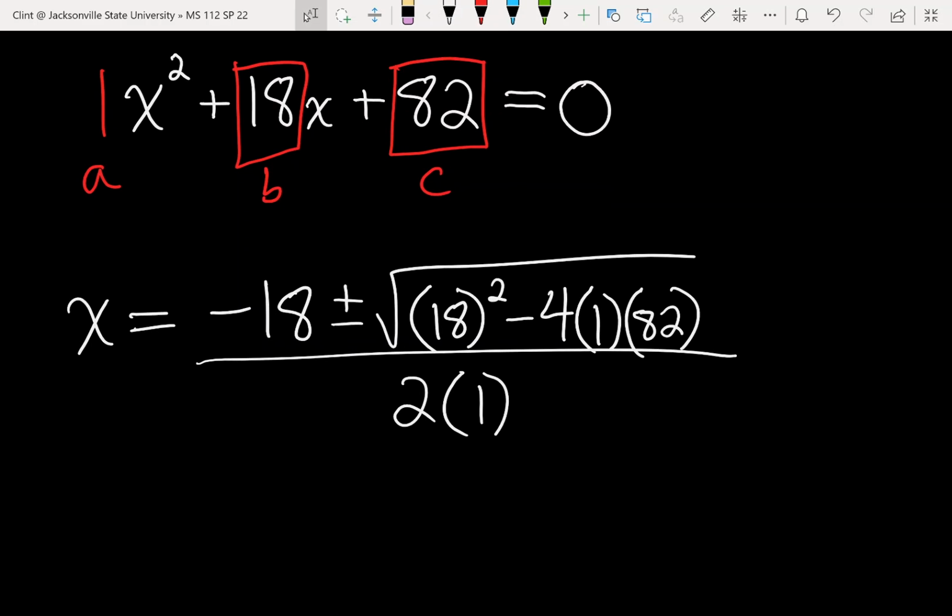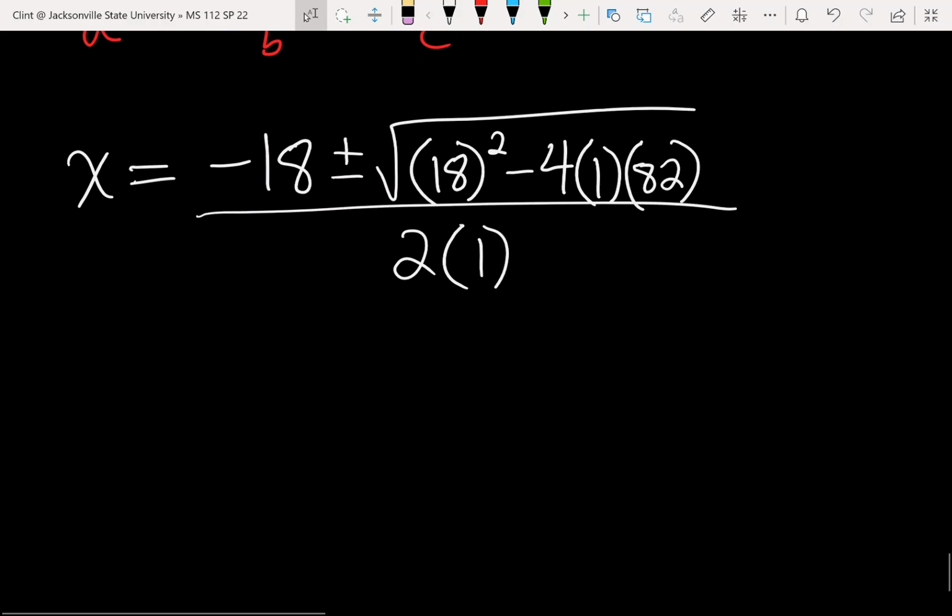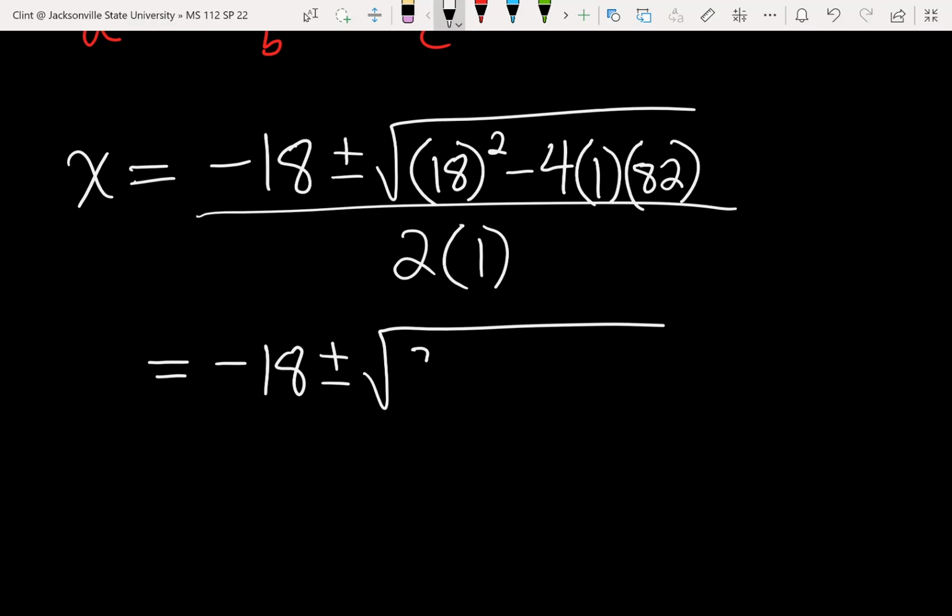So another good time to break out the calculator. 18 squared is 324. Then we've got negative 4 times 82.